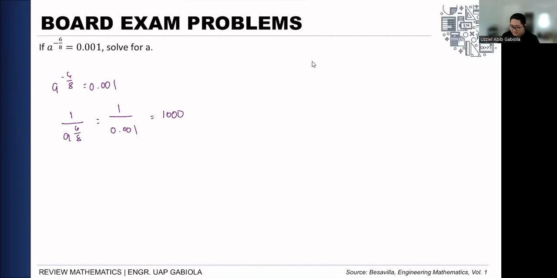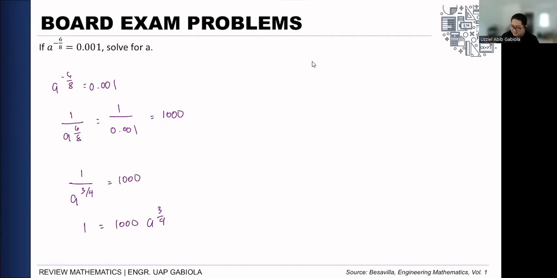So, ngayon, simplify natin. 1 over A^(3/4) is equals to 1,000. Okay? Cross multiply natin, that is 1 is equals to 1,000 A^(3/4). Okay.